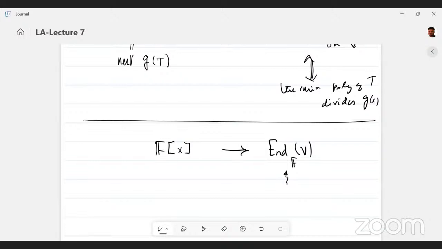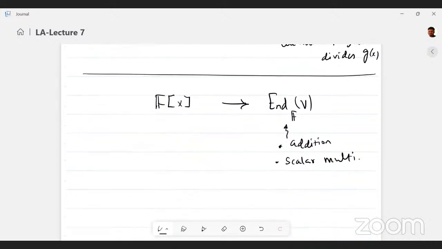So this has addition, scalar multiplication, and multiplication, where multiplication is given by composition. So that makes this an associative algebra.